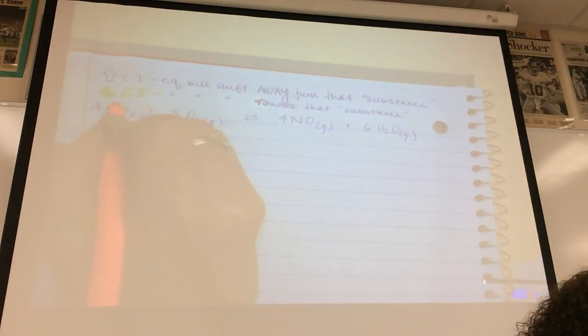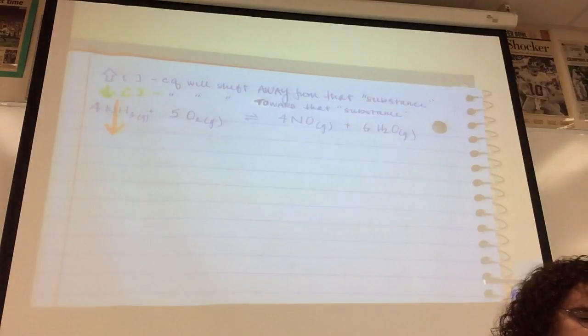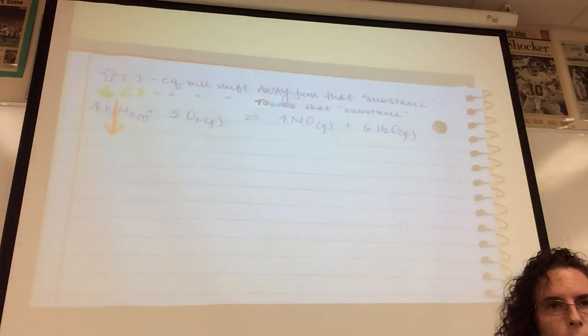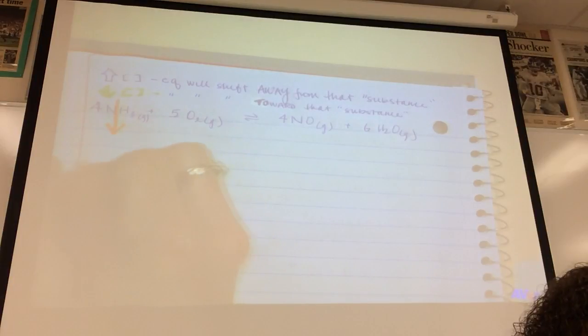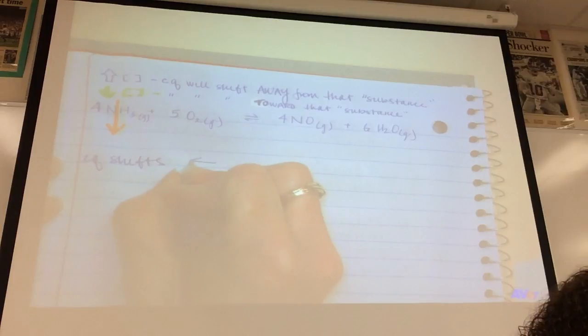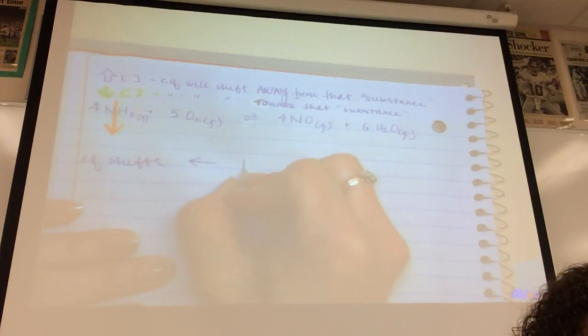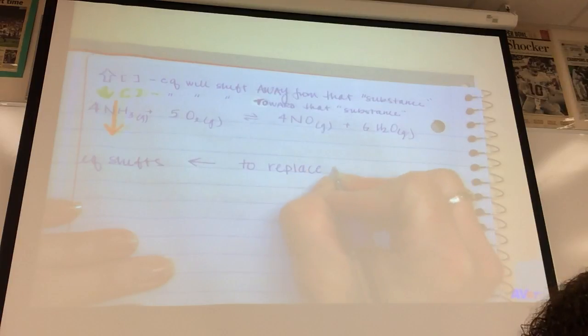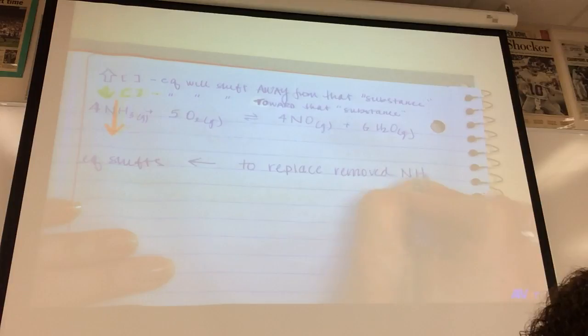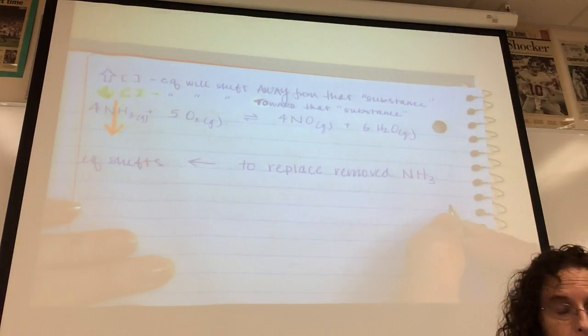When you decrease ammonia, when you decrease, do you shift away or toward? Toward. So equilibrium shifts to the left or reverse direction to replace removed ammonia. Now it doesn't replace all of it, okay?